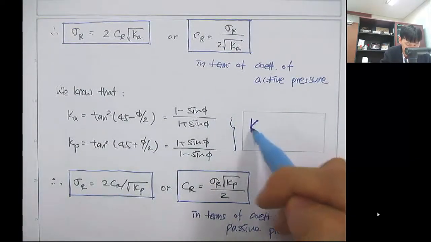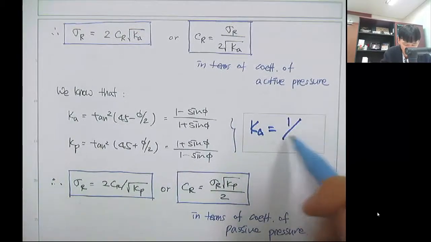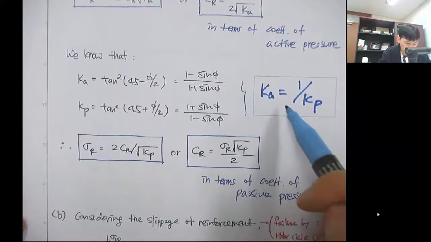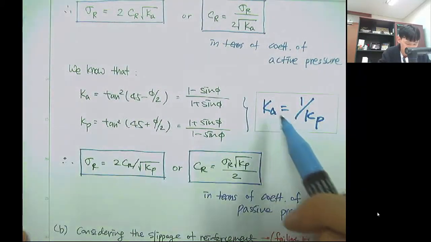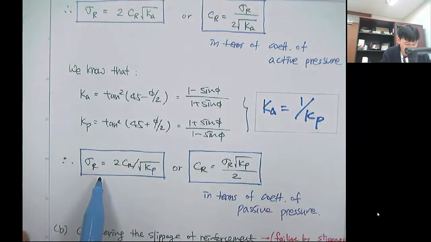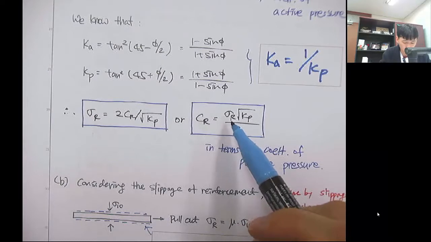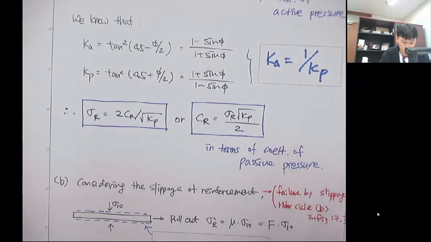So Ka is 1 over Kp. Right? So by using this relation, sigma r can be expressed as a function of Cr and the Kp. So also Cr will be sigma r times square root of Kp over 2.